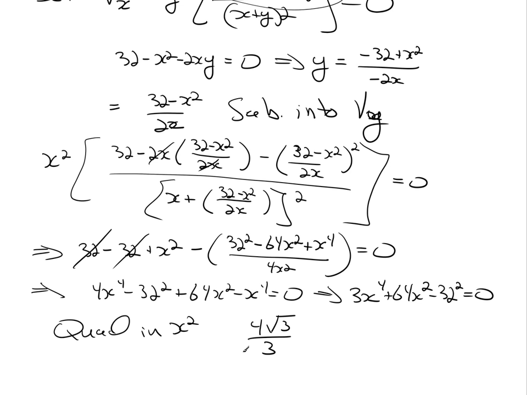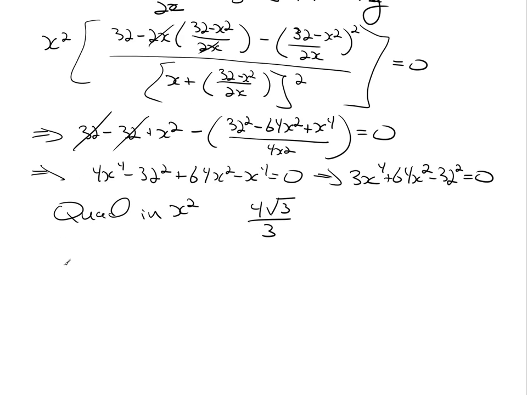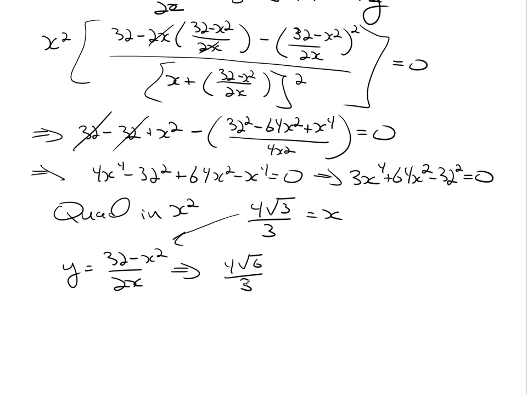Now, recall that y was equal to, by the way, that's x, y was equal to 32 minus x squared over 2x. That means when I substitute this in for x, that will give me 4 root 6 over 3. So this is my critical point.